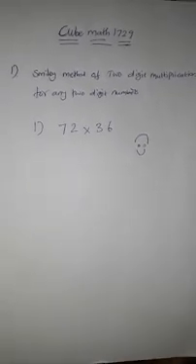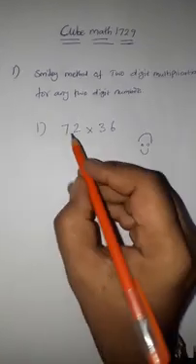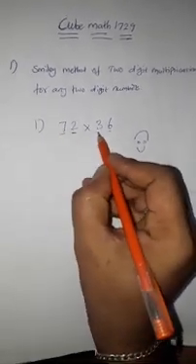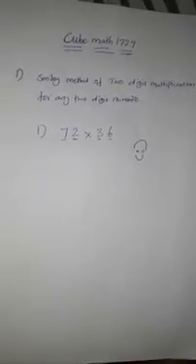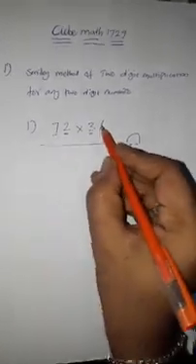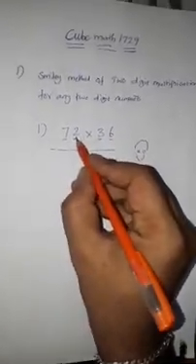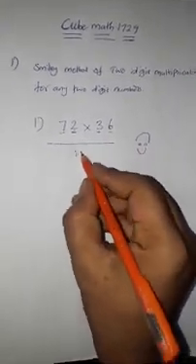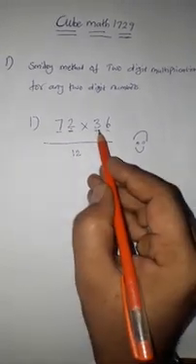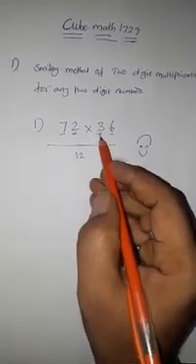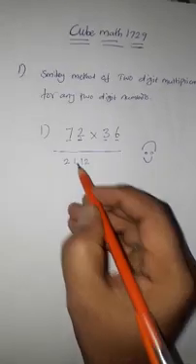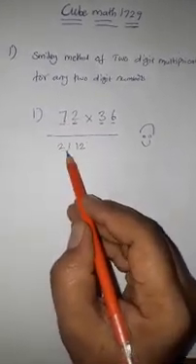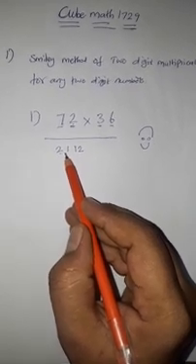Okay, so the first step is you have to underline the unit place, that is the ones place, then the tens place separately. The first step is to multiply unit place and unit place directly. So 6 into 2, you will get 12. Put it directly. Likewise, 7 into 3, you have to multiply directly, and you will get 21. If the resultant part comes as a single digit, at that time we have to make it a double digit.